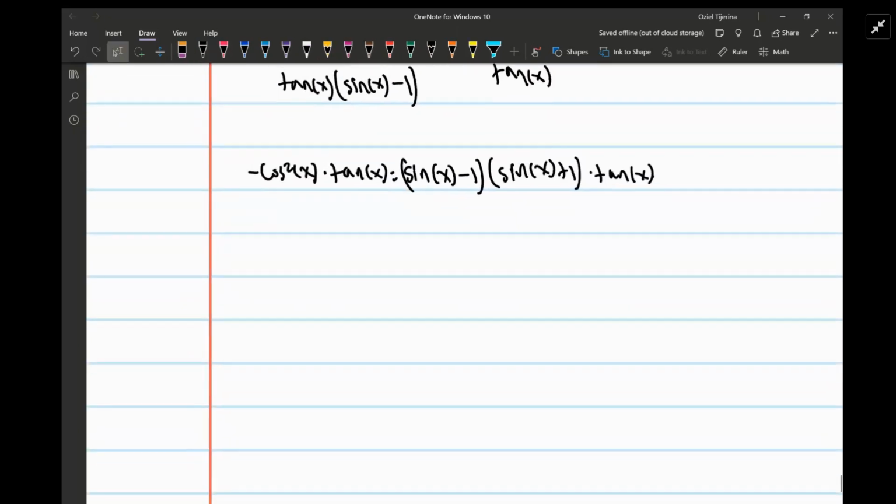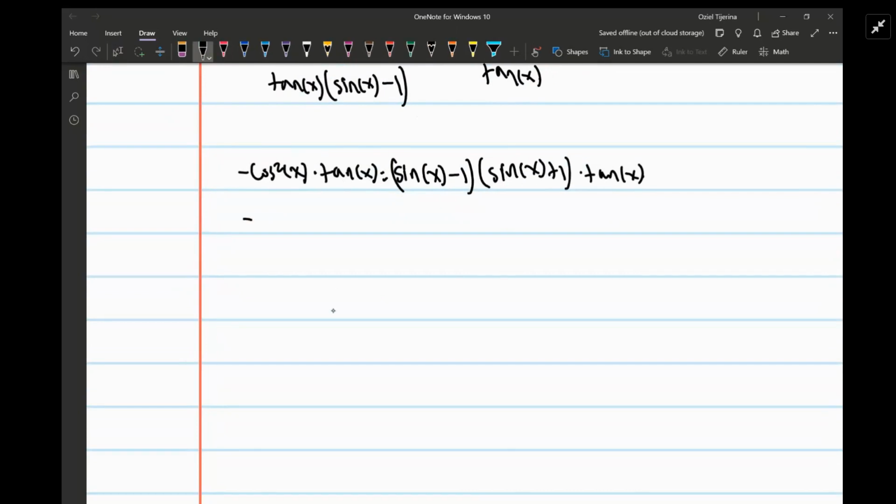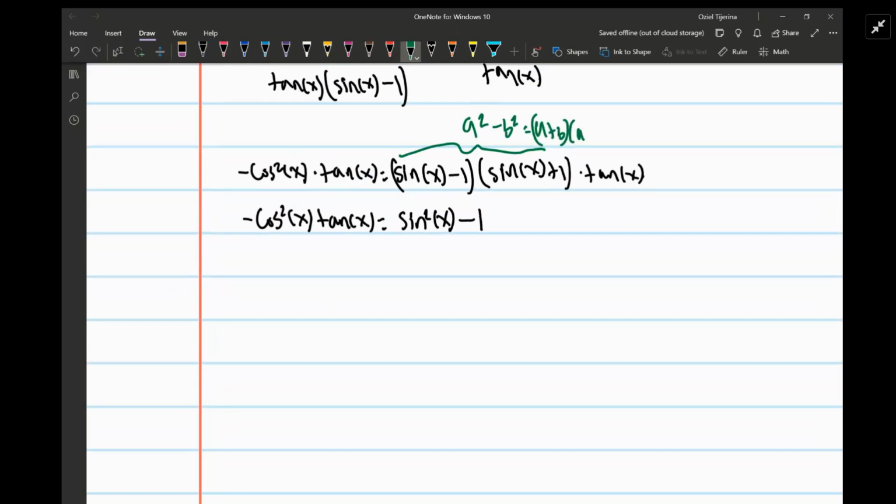And so this becomes negative cosine squared of x tan of x equals sine squared of x minus 1, because we use the sum and difference pattern, a squared minus b squared equals a plus b times a minus b, right? So then this gets multiplied times tan of x.